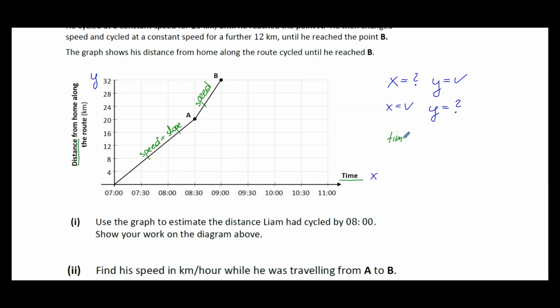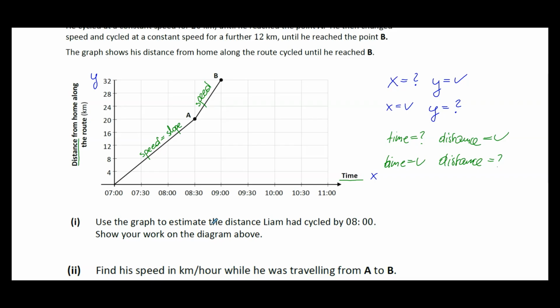So they may ask you about time and give you distance, or they may give you time and ask you about distance. That's the way it is structured, so don't be put off.